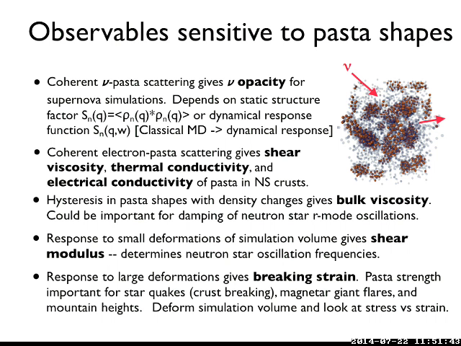You could have hysteresis in these complicated shapes or in the proton fraction that's appropriate for nuclear pasta in beta equilibrium. And so that could give a bulk viscosity that might be important for damping of r-mode oscillations.